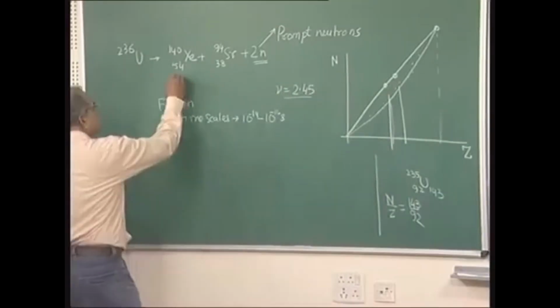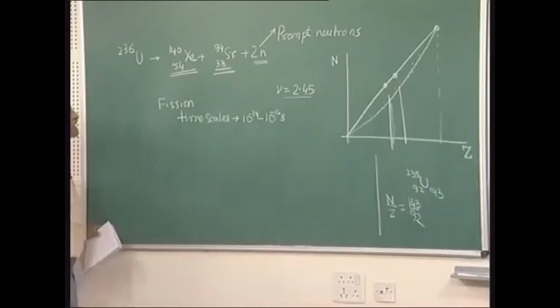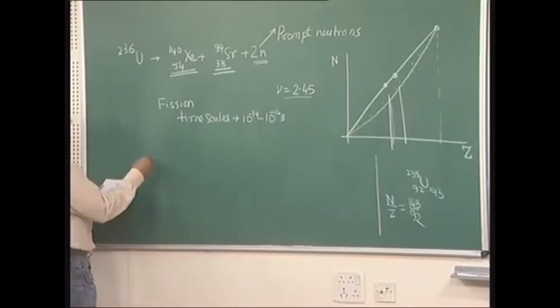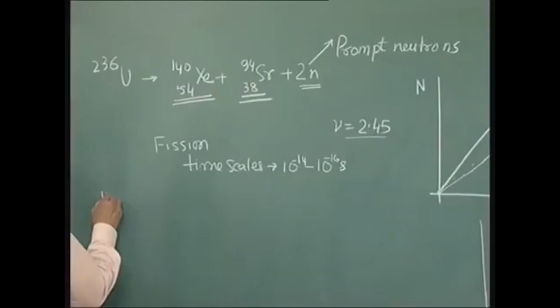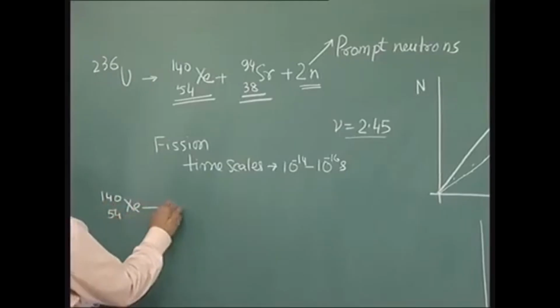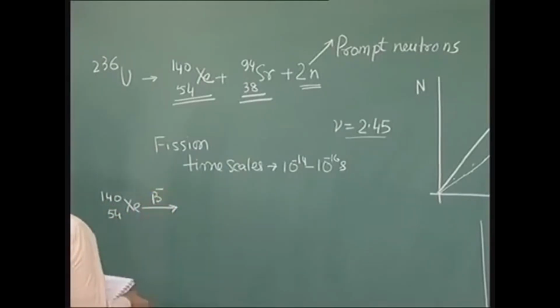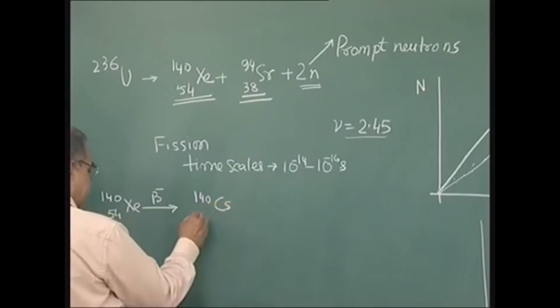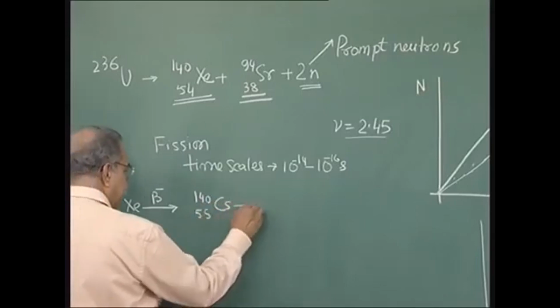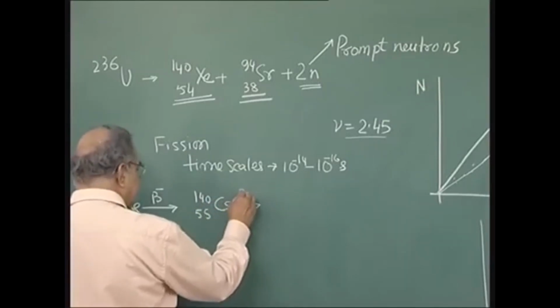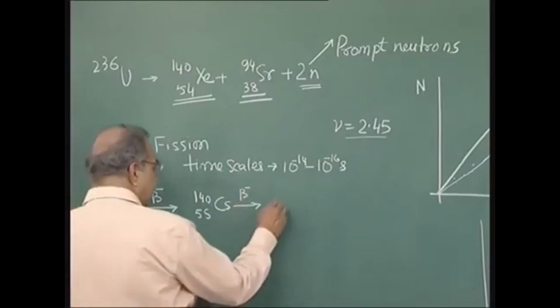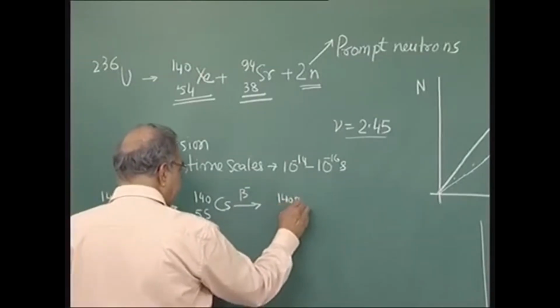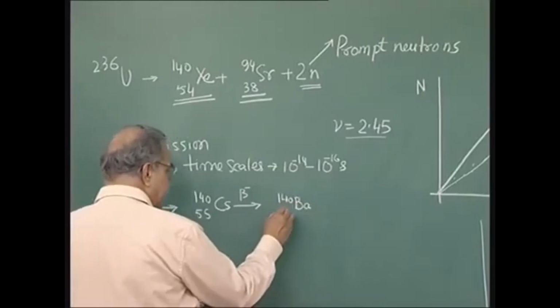Some of those beta chains I will write. For example, in this reaction, these 2 elements that are created here are beta active, and they come to stability through these reactions. 140 Xe 54 will beta minus decay to 140 Cs 55, and this will beta decay to 140 Ba 56.